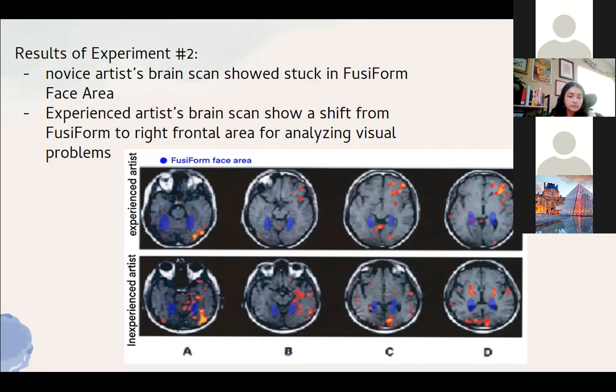But as they continue to start drawing the portrait for B, C, and D, the scans showed that for the experienced artists, the activity in their brain actually shifted to the right frontal area, which is the area that helps with thinking and the cognitive parts of logical thinking and analyzing how he was basically going to draw this portrait. But for the inexperienced artist, for B, C, and D, he was still stuck in the fusiform area, not understanding how he was going to continue the drawing, right?